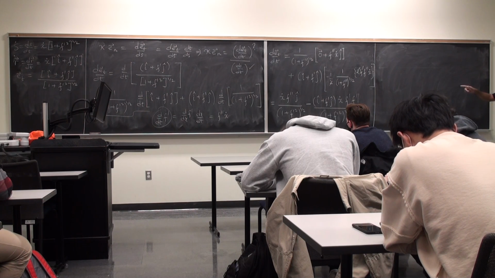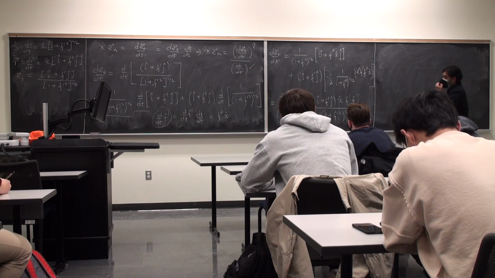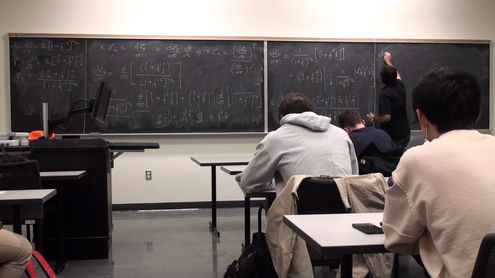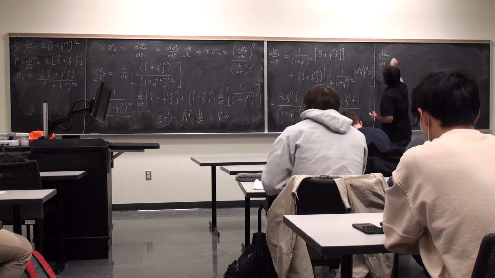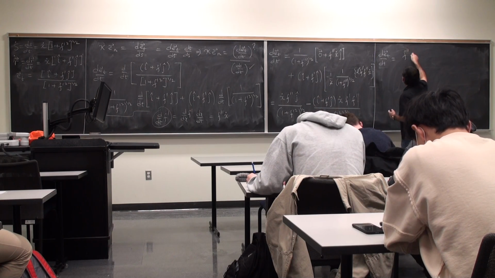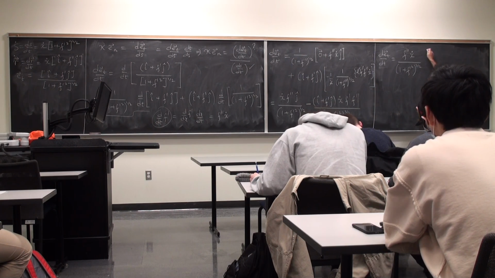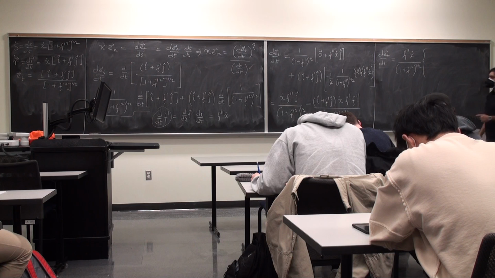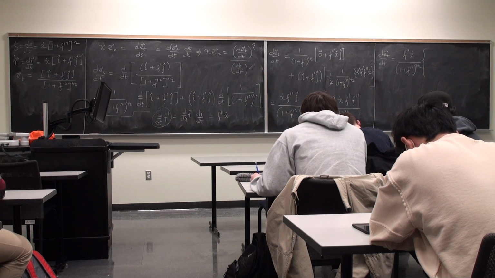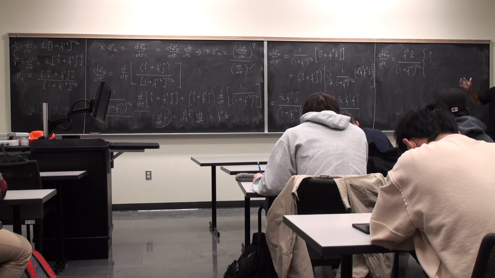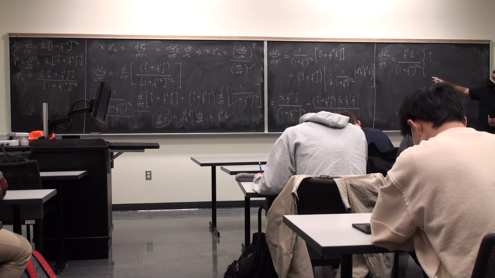F double prime is a common factor, x dot is a common factor. I'm going to take this as a common factor. So I'm going to have dt by dt is f double prime x dot, all of this. I'm going to have j hat. I'm essentially multiplying the numerator and the denominator by this particular term.